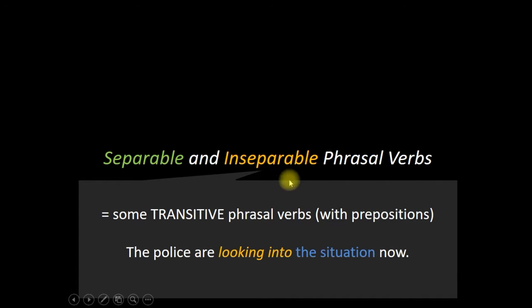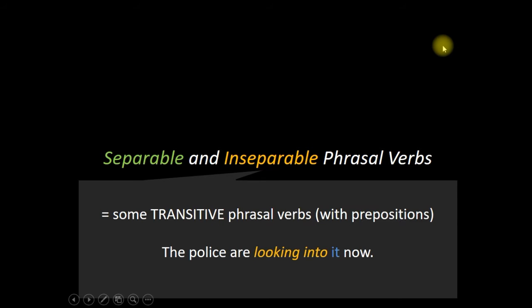So again, this is transitive because you have to look into something. So the situation is the object. In this case, we can say, the police are looking into it now. But if we try to put it in the middle, the police are looking it into now, we cannot. We're not allowed to do this with this type of phrasal verb because, as we've said before, it's inseparable. We cannot separate the two parts.